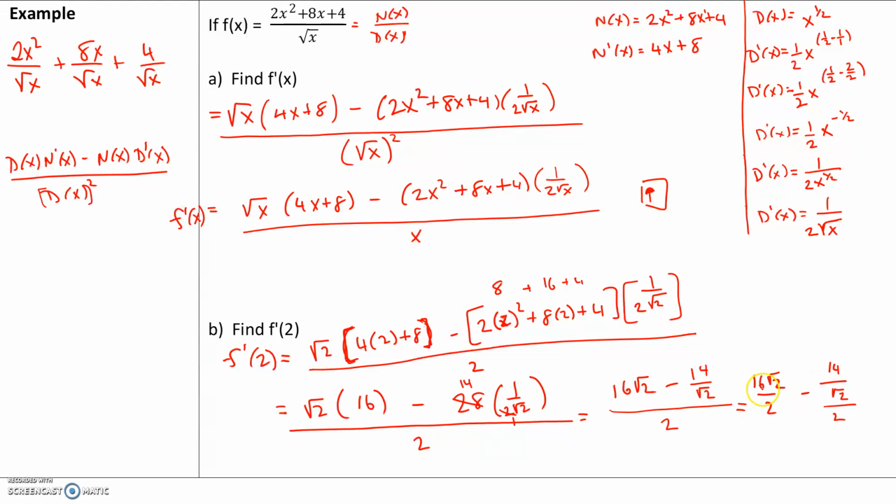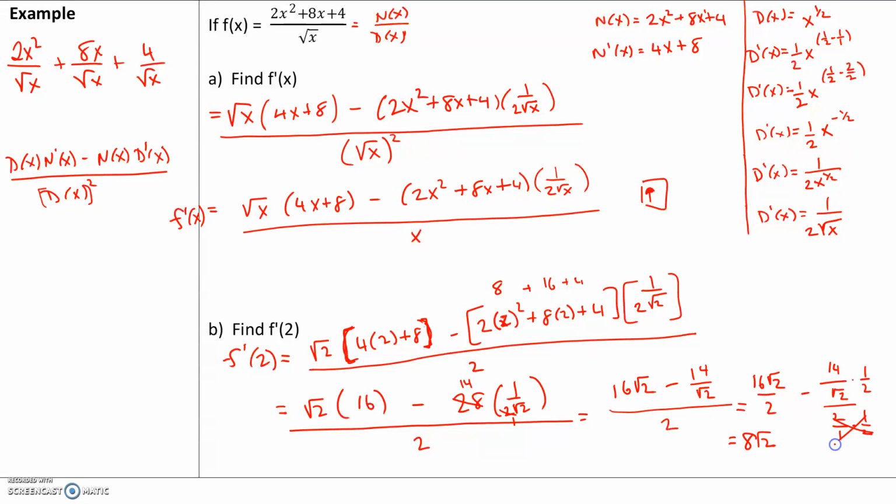So let's look at the first one. 16 radical 2 over 2, 16 divided by 2 is 8. So this gives us 8 radical 2. Now if you think way back to algebra, you can't divide a fraction by a fraction. So what we have to do is put a 1 underneath the second denominator, which is a 2 over 1, and multiply by the reciprocal of 2 over 1, which is 1/2.